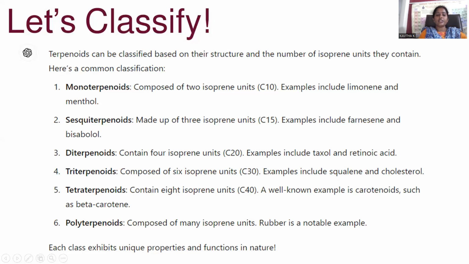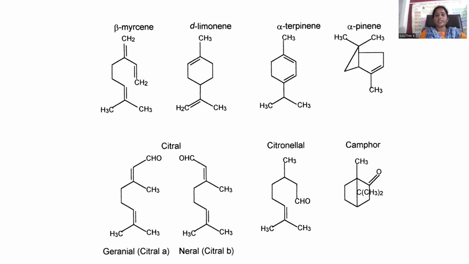Each class exhibits unique properties and functions in nature, right? So for every classification, we can notice the properties and functions of these compounds. A few examples are mentioned with their chemical composition.